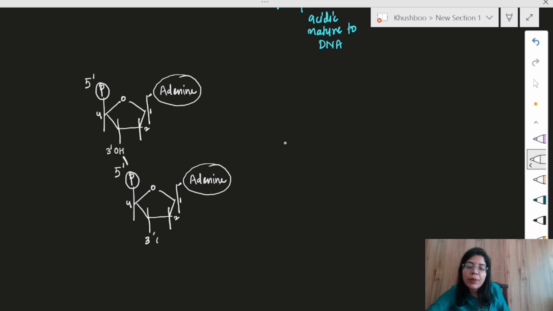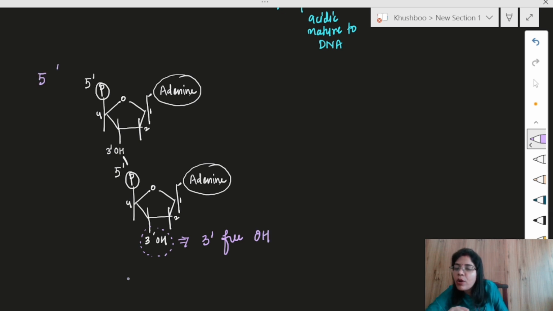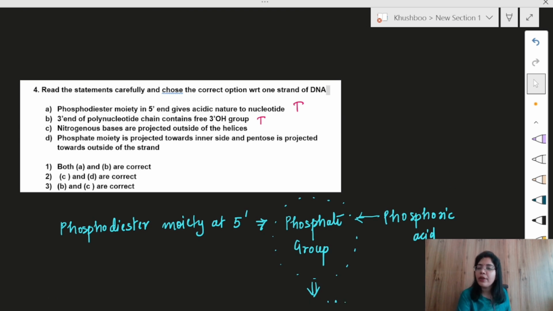Again you have a 3' free group, so every time this free 3' OH will be present on a growing polynucleotide chain. That's why the polarity is in the 5' to 3' direction. So the given statement is correct: the 3' end of the polynucleotide chain contains a free 3' OH group. That's why it is called the 3' end.